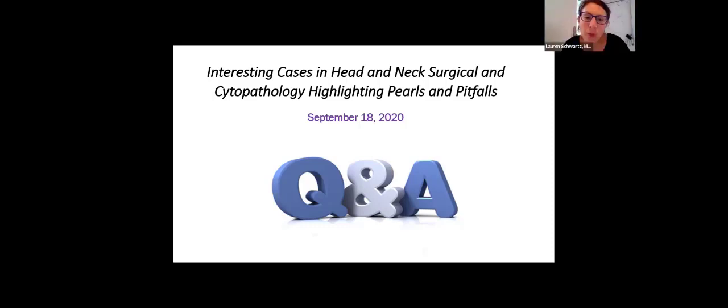Another question is, when do you do ISH HPV study? Do you do high risk group only? That's another excellent question. Yes, we do the high risk HPV only, because those are the ones that are going to affect the prognosis. And in the oropharynx, for surgical pathology specimens, P16 is enough on its own.